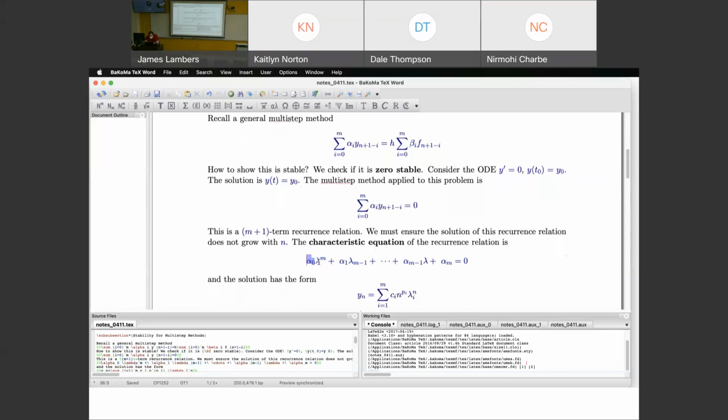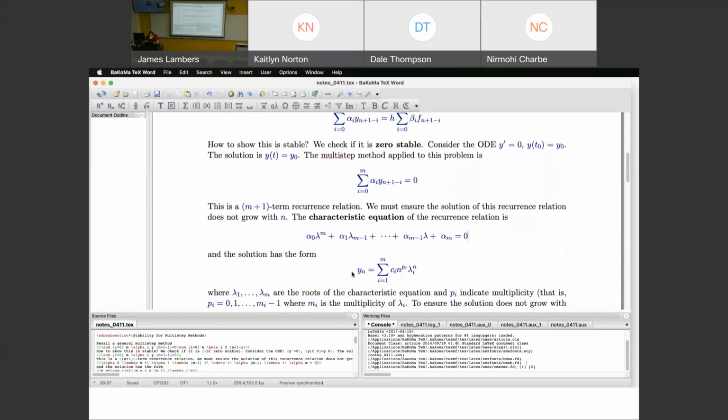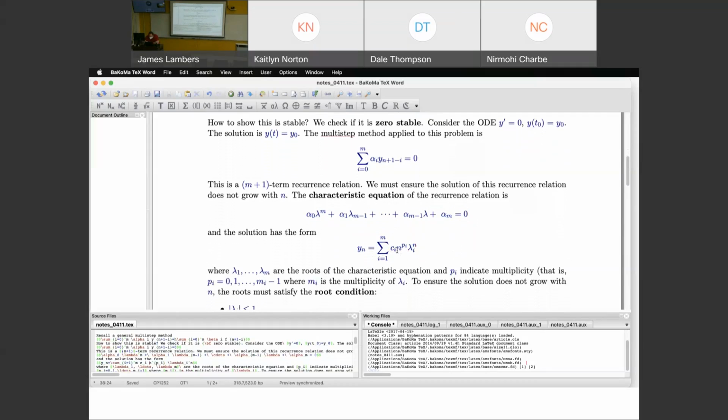So what we do is we find the roots, lambda, of this equation, so m roots in all, the polynomial having degree m. And then we have a formula for a solution in terms of those roots. Whatever roots you get, lambda 1 up to lambda m, are raised to the nth power to get y_n. And you might have powers of n here. It depends on whether any of the roots repeat.